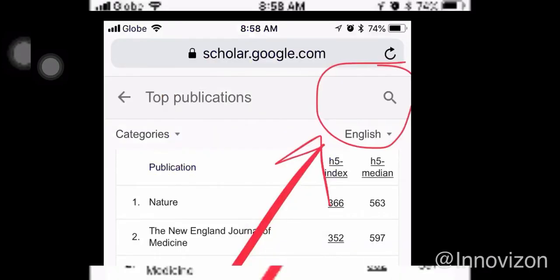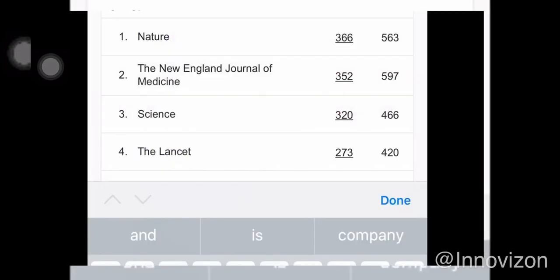Now, the next thing you will do is click on the search bar located at the top right of Google Scholar and search for publications. And then you can just scroll down, and if you will notice, this list is according to the h-index, which is practical and useful for those who want to be cited.